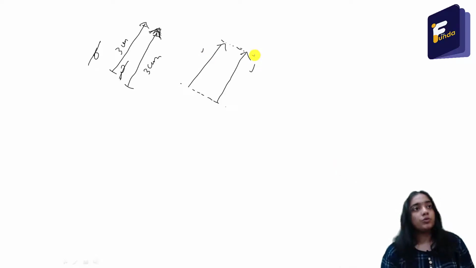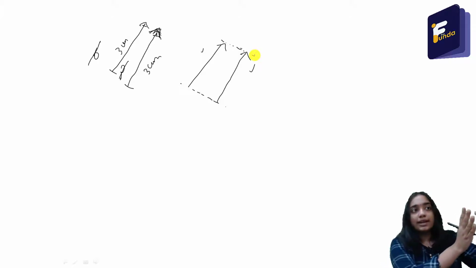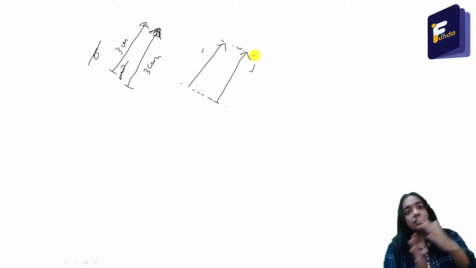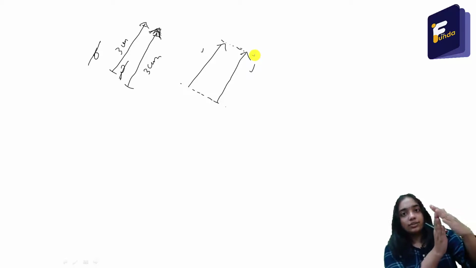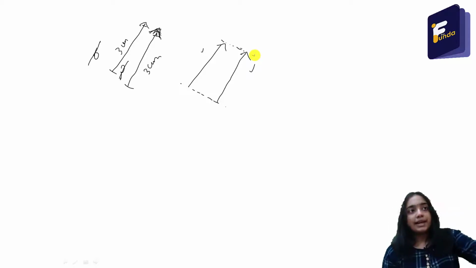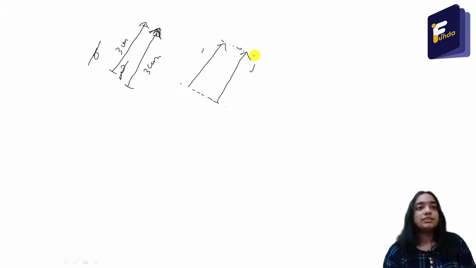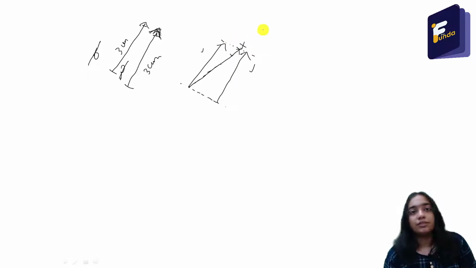So when we are discussing the sum of vector quantities, I will parallelly shift the arrow, and by parallelly shifting that arrow, the vector quantity remains the same. It doesn't change. But if I rotate this arrow, if I make this arrow like this, then this is not the same vector quantity.